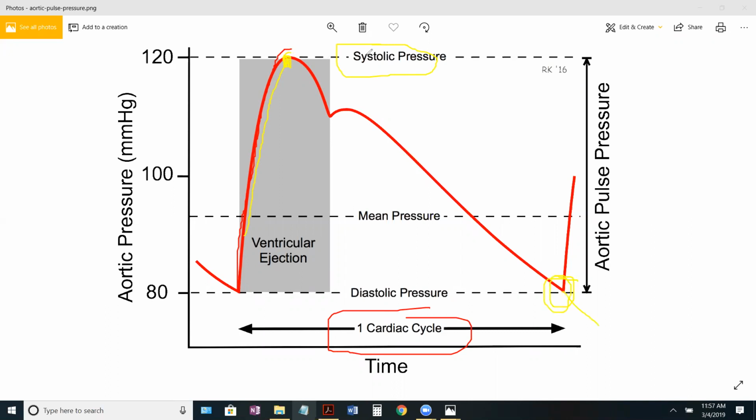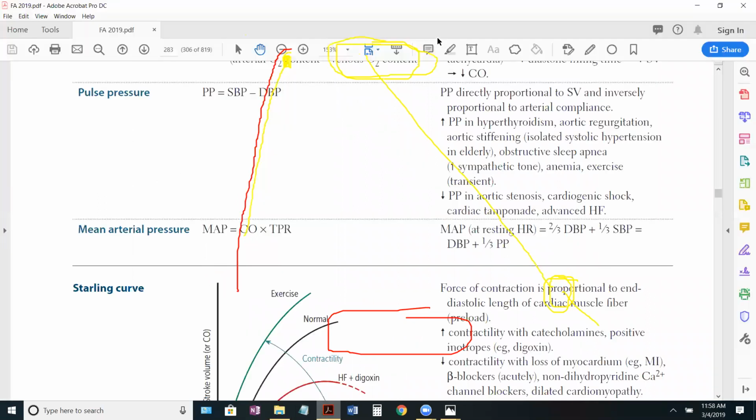The difference of these two pressures is the pulse pressure. Systolic pressure minus diastolic pressure is the pulse pressure.